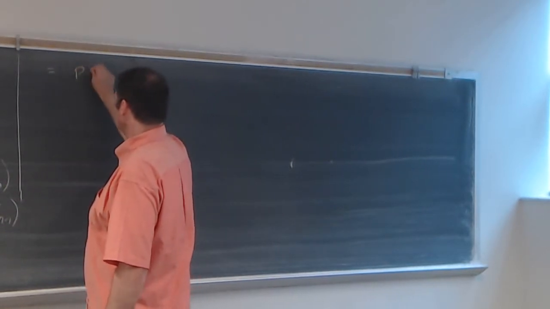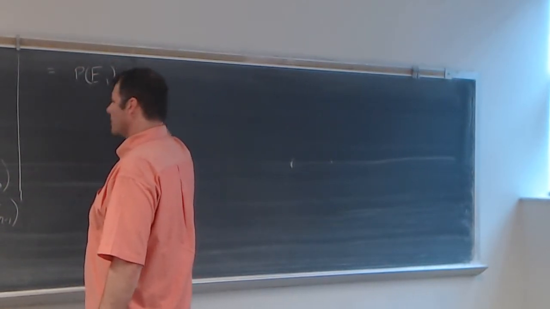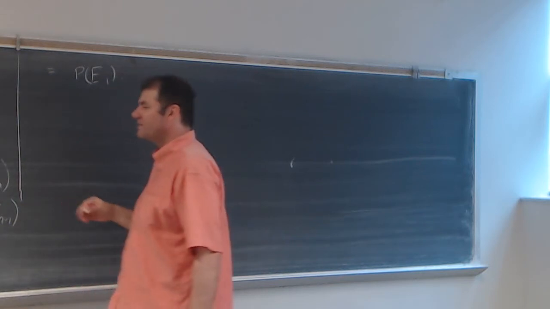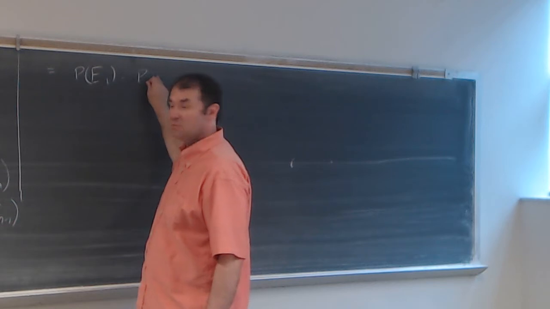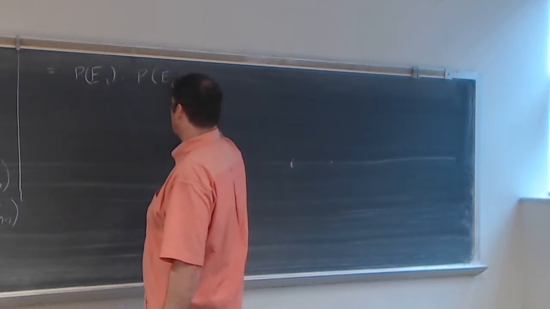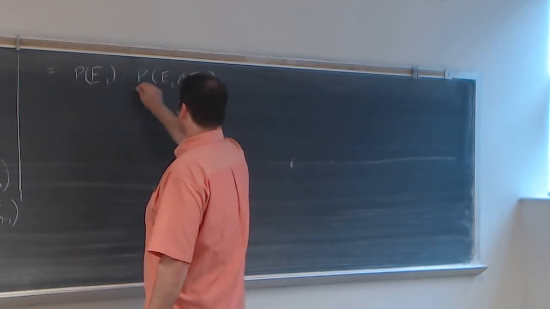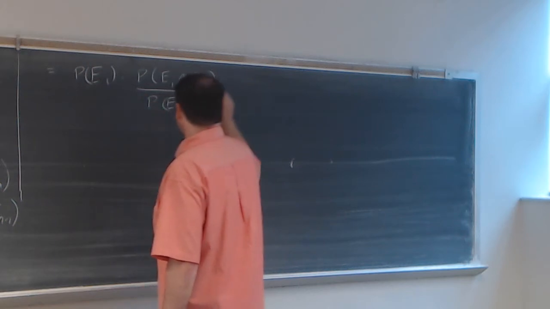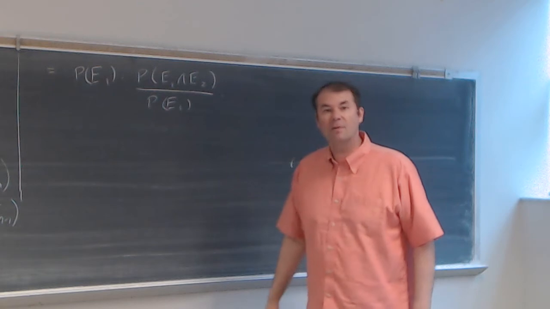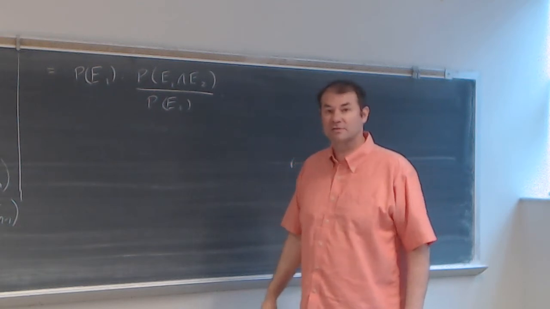Well, it's the probability of E1, that's the first thing involved, times the probability of E2 given E1, which is nothing more than the probability of E2 intersect E1, which I'll rewrite as E1 intersect E2, over the probability of E1, times, now we need to multiply by the probability of E3 given E1 intersect E2.